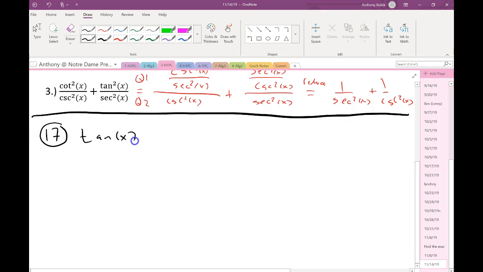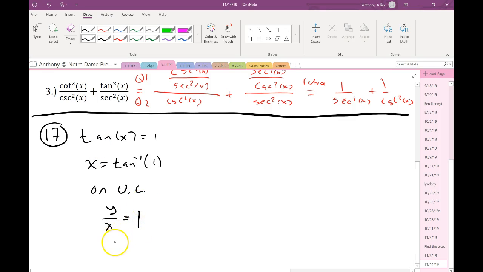We want to solve tangent of x is equal to 1. So to get x by itself, we'll just do tan inverse of both sides. And now what I want to do is go to the unit circle. So remember, on the unit circle, tangent is y over x. That's a different x than the variable x up there. I know that's confusing.